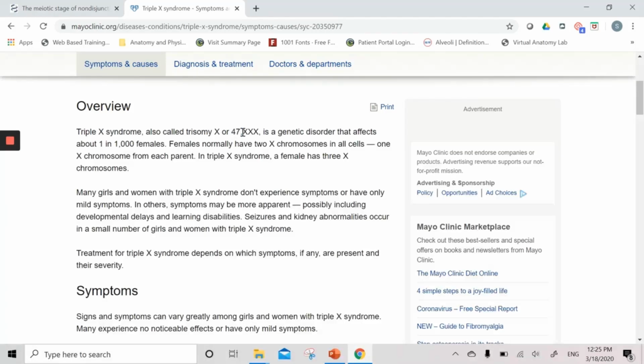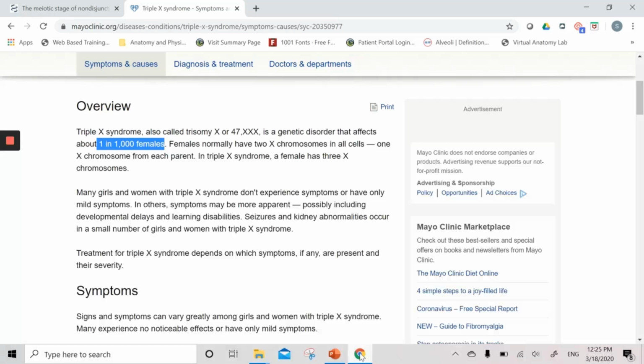So instead of XX, as seen in normal females, you will have XXX, triple X. So this is a genetic disorder and affects, actually this number is pretty high, higher than I expected, 1 in 1,000 females. So that's kind of interesting. So this is just additional information.